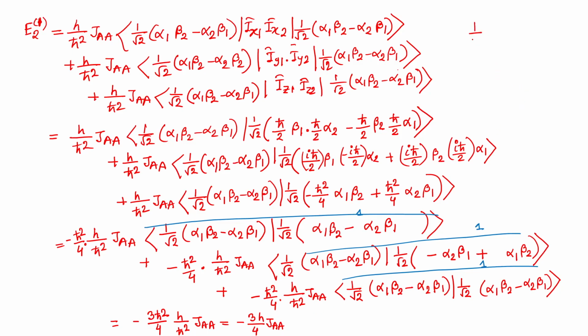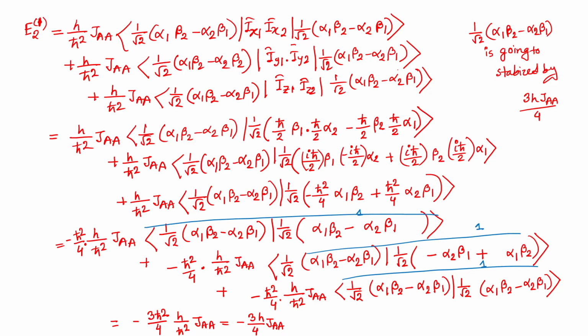So this 1 by root 2 spin state alpha 1 beta 2 minus alpha 2 beta 1 is going to be stabilized by 3JA by 4, this term.